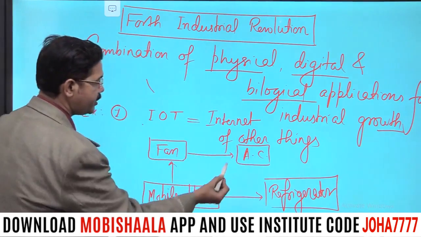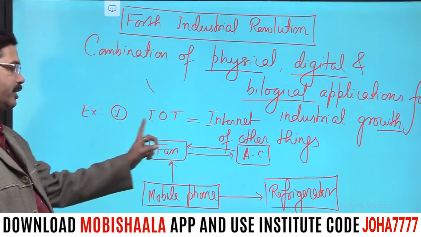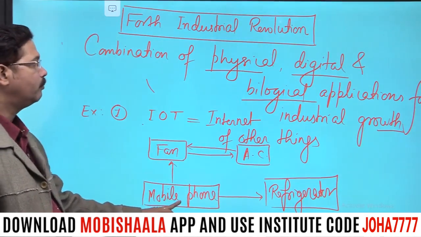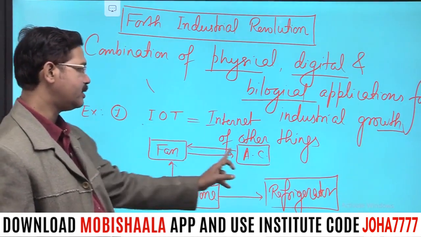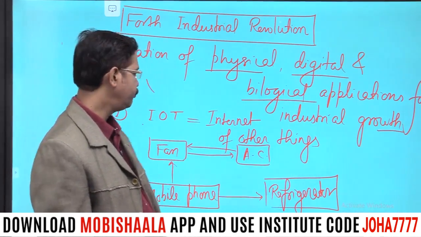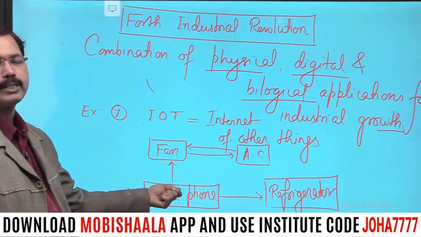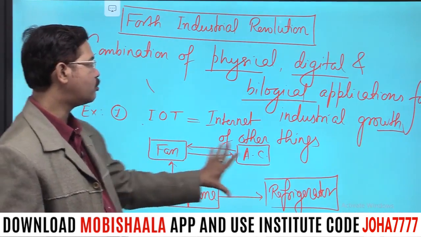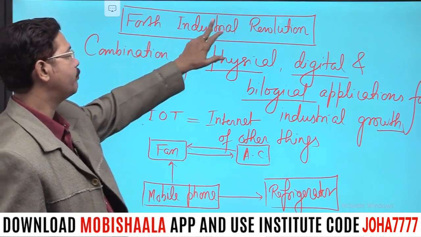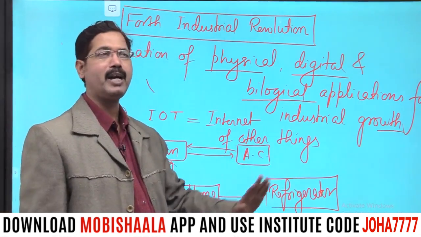So AC and fan can be regulated together. The mobile phone is regulating, and there is the application of human brain or the intelligence of the mobile phone. So this is the physical, AC and fan electrical, refrigerator electrical and electronics, and the mobile phone is totally electronics, and there is use of human intelligence. So this is a case of what? Fourth type of industrial revolution of today's era, of the era which we are living.